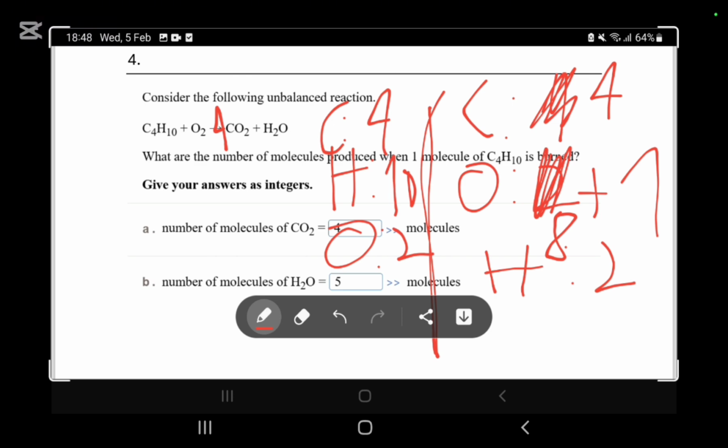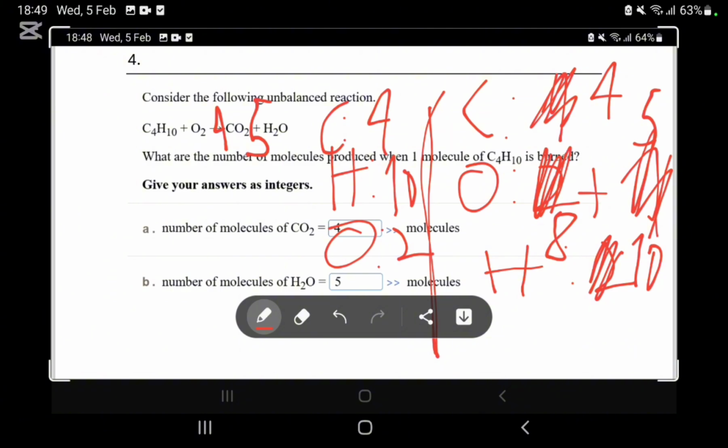After that, we're gonna have to balance the hydrogen by multiplying the H2O by 5. So this is 10, and then this is 5. And then instead of O2, we can simply put here 6.5.